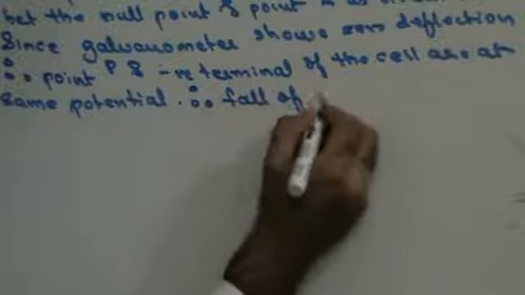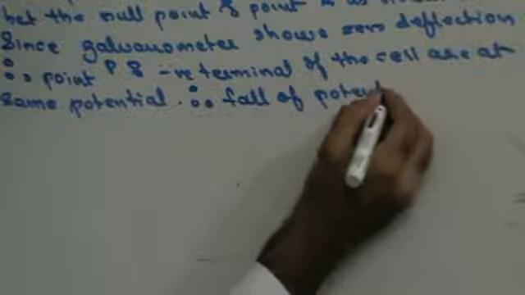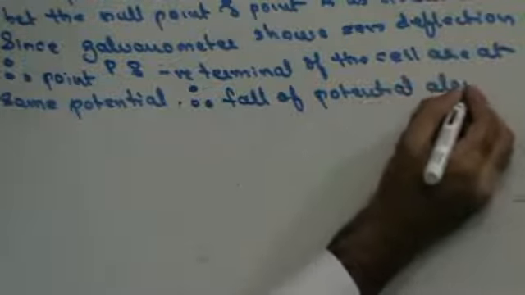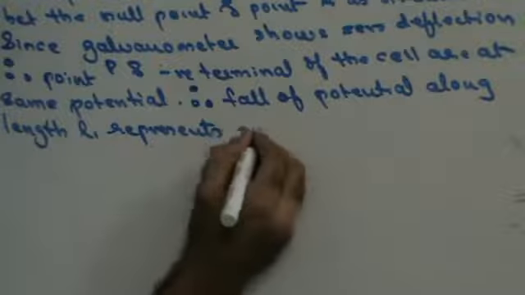Which means that the fall of potential along length L1 represents the EMF of the cell.